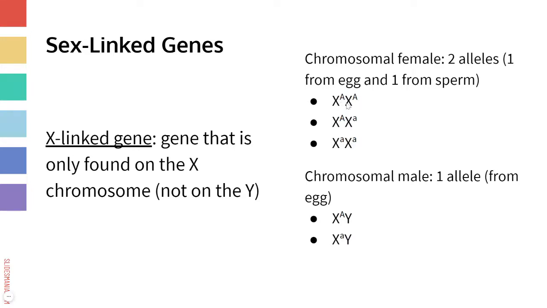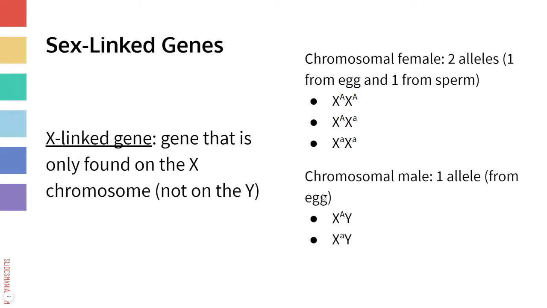So this person would be homozygous dominant. So two X chromosomes with a dominant gene. This person is heterozygous. So one X chromosome with the dominant allele and one X chromosome with the recessive allele. And this person is homozygous recessive. So both copies of the X chromosome carry the recessive allele.